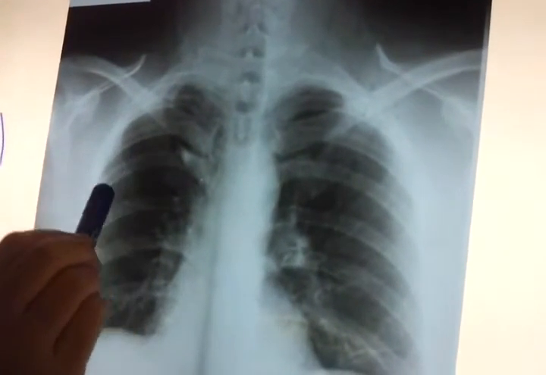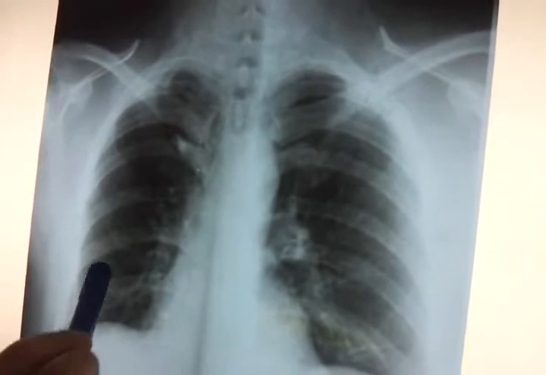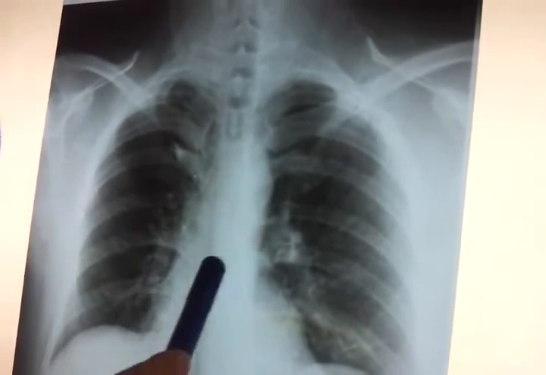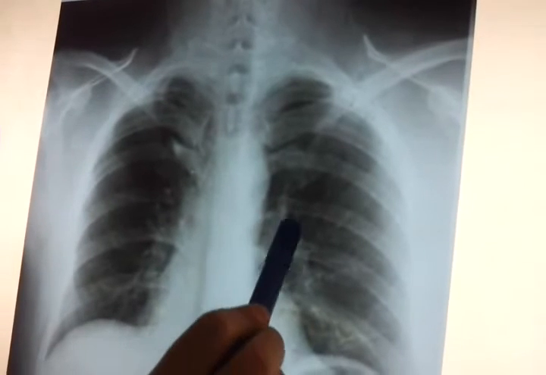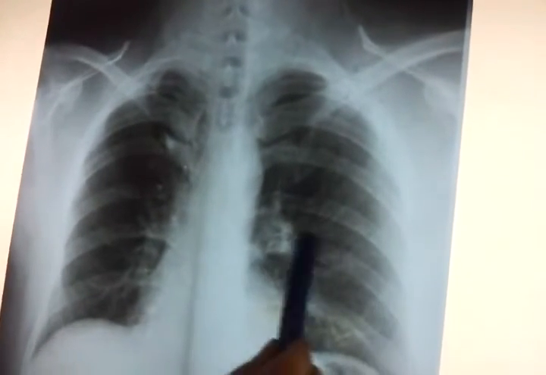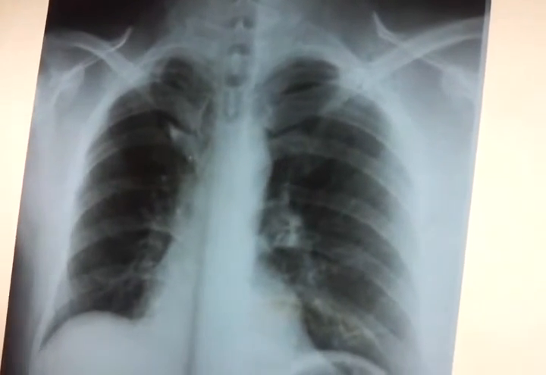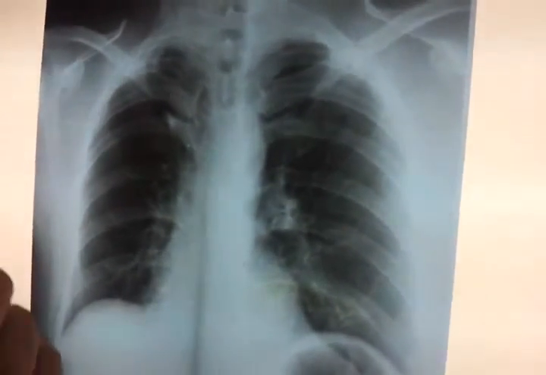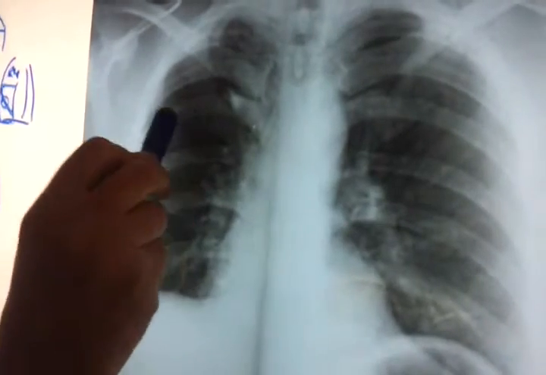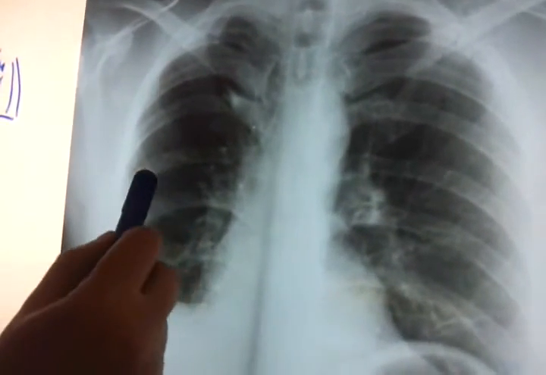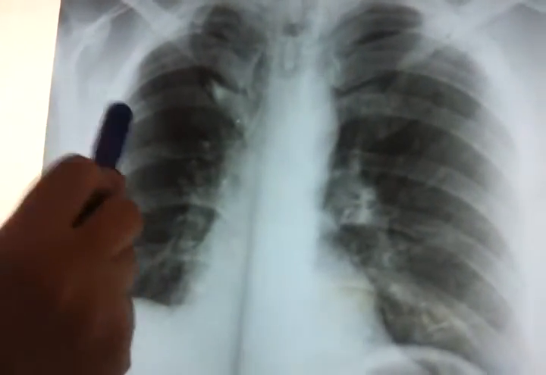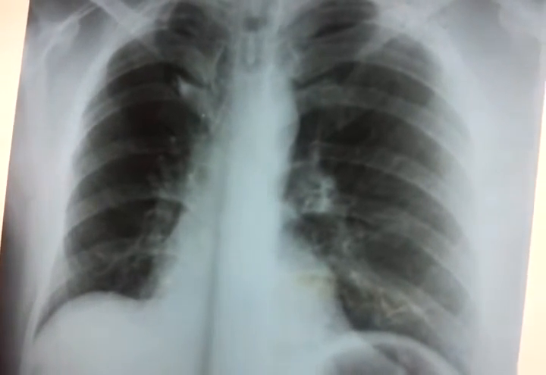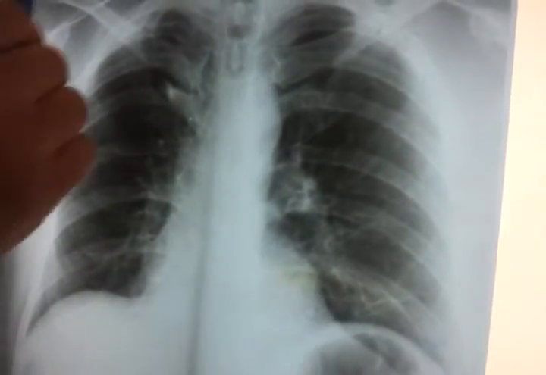Upper zone, mid-zone, lower zone are clear. The hilum is clear apart from this pulmonary artery, and this is a calcified lymph node. It is a dirty chest X-ray of a chronic bronchitic patient, but there is an obvious lesion. Also, the ribs are not notched, neither below the lower end nor the upper end of the rib. There is no notching in this chest X-ray.